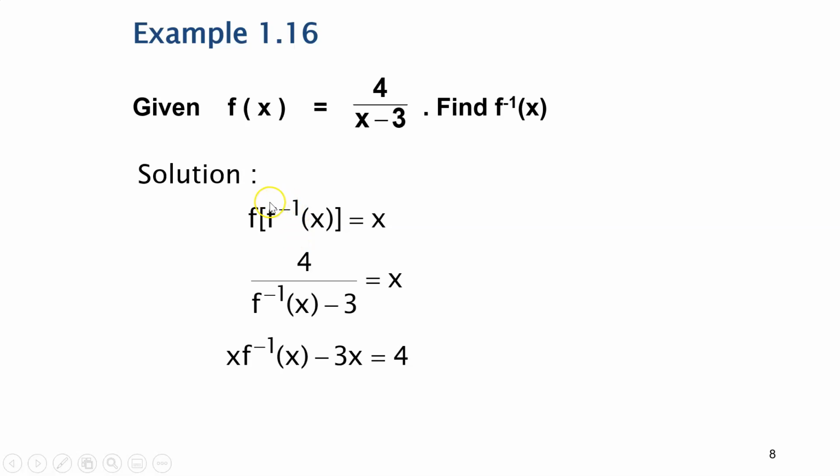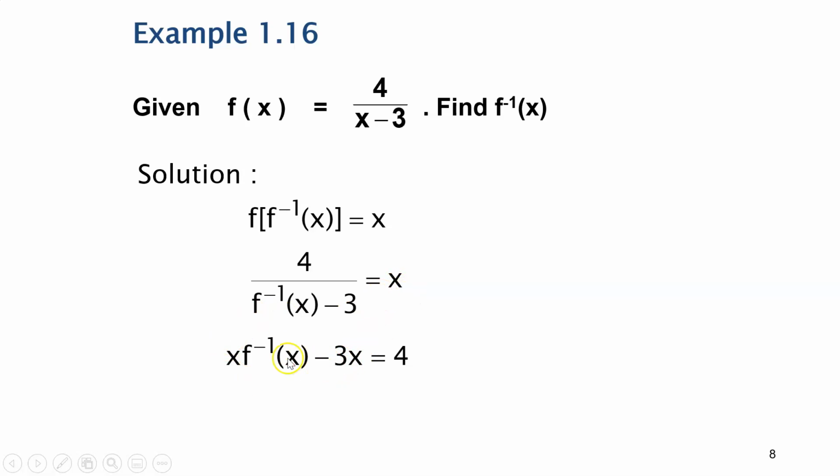Originally we have f(x), so now this x you're going to substitute with the inverse. Just write it down as f inverse x. So now you have 4. This x value we're going to substitute with f inverse x, where we still don't know what the inverse function is. Then just minus 3, and this one is equal to x.